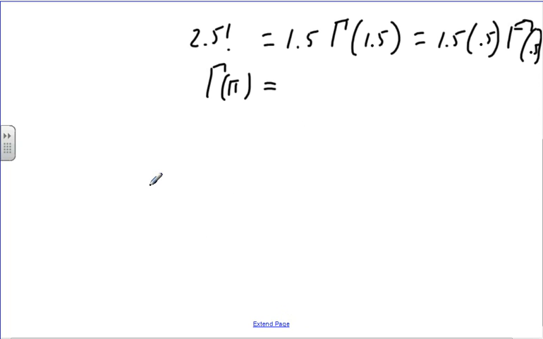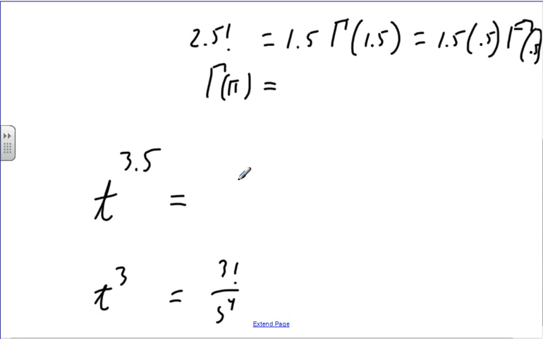So t cubed, I know what that is. That's going to be 3 factorial divided by s to the 4th, because that's the guy before it. But if I have t to the 3.5, then I have to take the gamma function of 3.5 plus 1 divided by s to the 4.5.